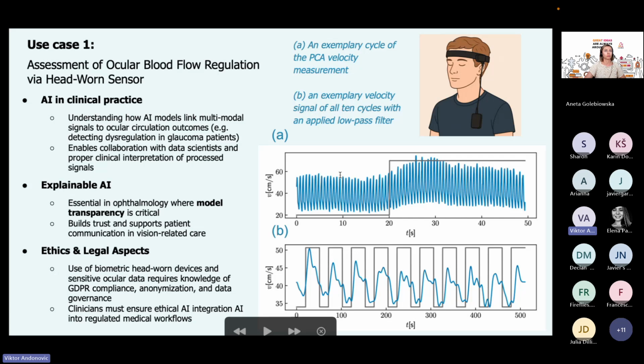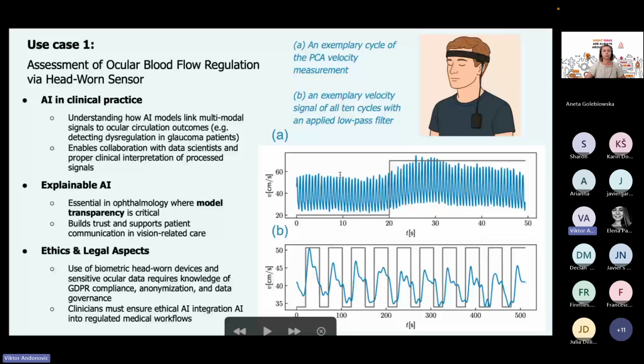And on figure A, we can see one such cycle, the signal of one such cycle of the velocity of PCA, which is necessary in transferring blood to the visual cortex. And the idea of this project was to try, based on this data, to find an anomaly or this potential dysfunction of the transmission of blood to the visual cortex.